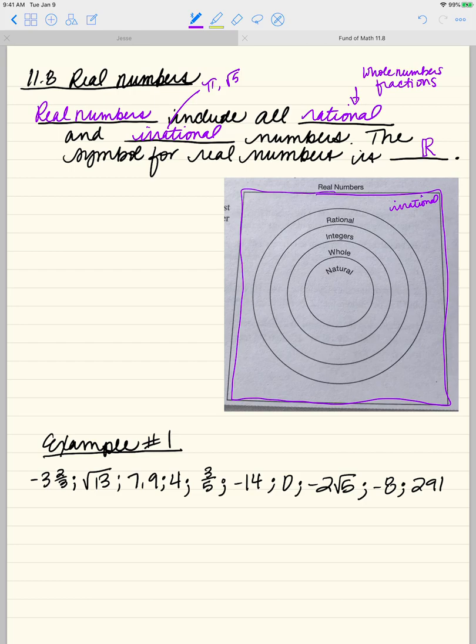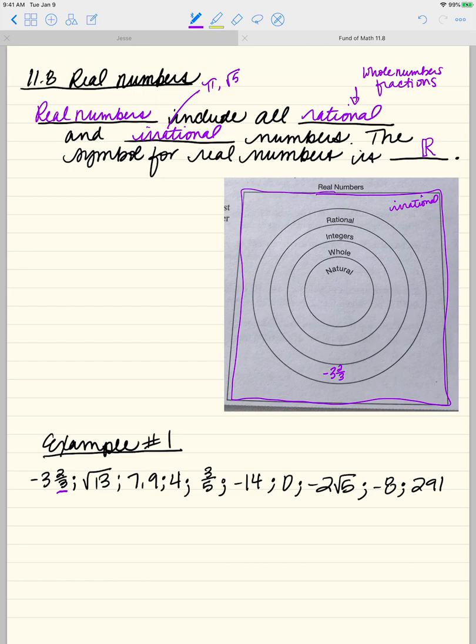What you want to remember is that 2/3 is a fraction that turns into a repeating decimal, so that makes it a rational number. It is not an integer because it has a fractional component, okay?